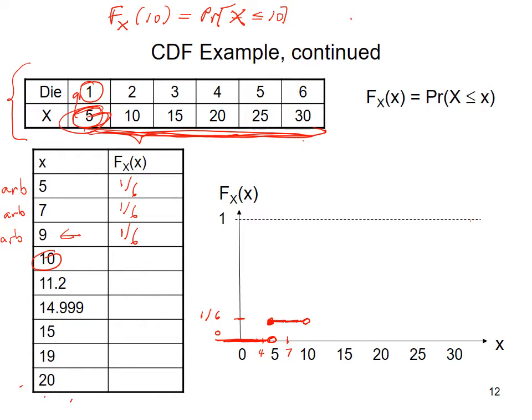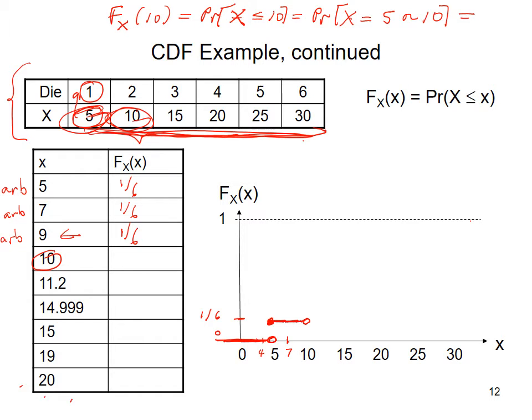And I look at my set of values, and there are two numbers that x could take that are less than or equal to 10. So in other words, this is the same as the probability x equals 5 or 10. Only two numbers that are less than or equal to 10 in this set of x values.